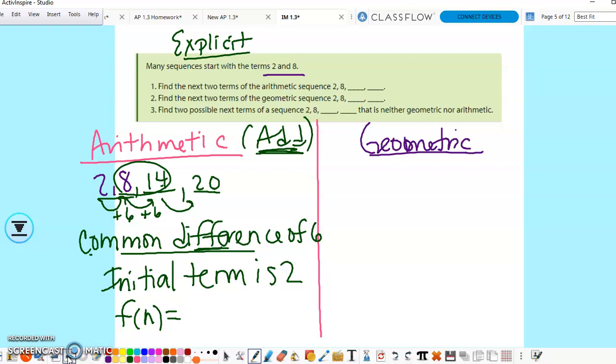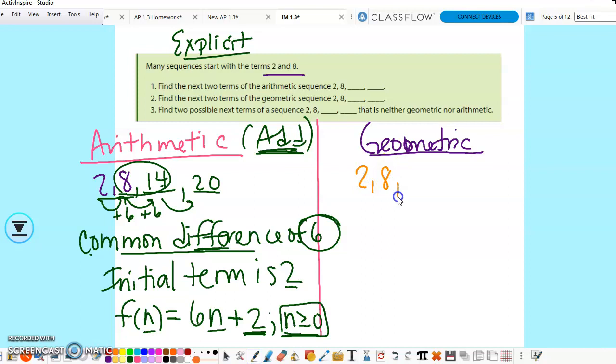Okay, so f of n equals, we're going to write our common difference of 6, our rate of change. Always match this variable to whatever you put here. And then we're always just going to add the initial term. Here's where the domain is important. This is when the domain starts with n values that are greater than or equal to 0. If you use the initial term 2 here, this will always be n is greater than or equal to 0. And that's your arithmetic.